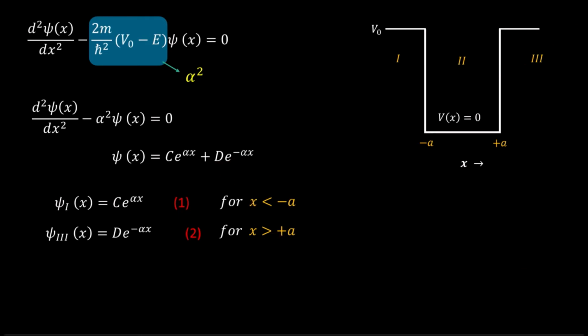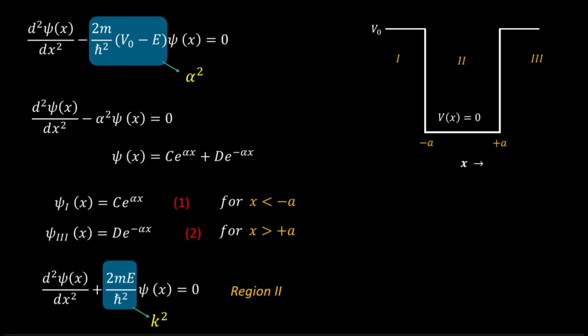In region 2, we had d square psi by dx square plus 2mE by h cross square psi equal to 0, for which we will have a solution a sin kx plus b cos kx, if we take 2mE by h cross square as some constant k square.